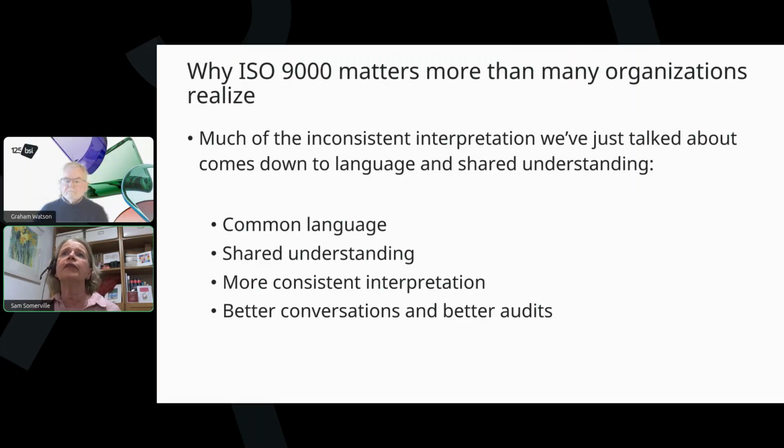And a lot of the interpretation challenges we've just described actually come down to language. ISO 9000 provides the common vocabulary and shared understanding that underpin consistent use of ISO 9001. And without that shared language, it's very easy for the same requirement to be understood in many different ways.